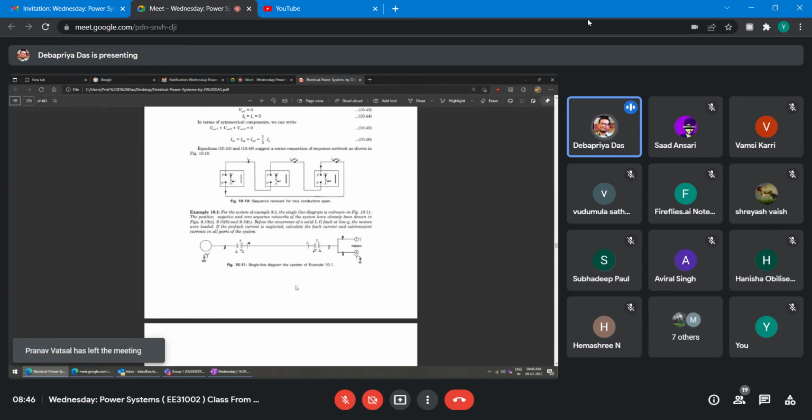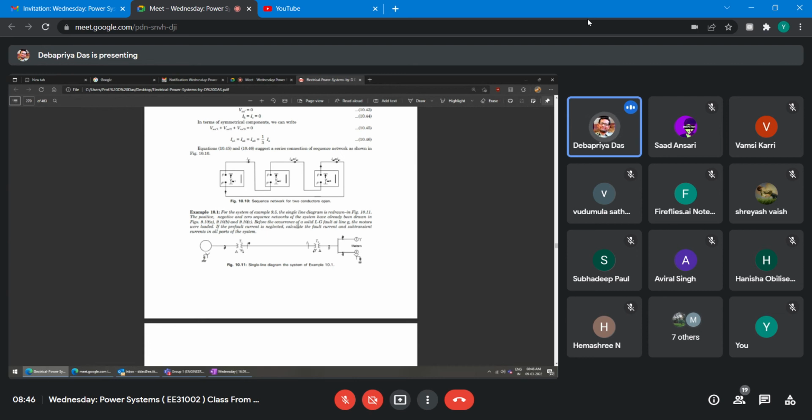Just see this one example. A single line diagram of the system is given. Just look at this example. For the system shown in this example, the single line diagram is redrawn from figure 10.11, right? The positive, negative, and zero sequence networks of the system have already been drawn in this figure.